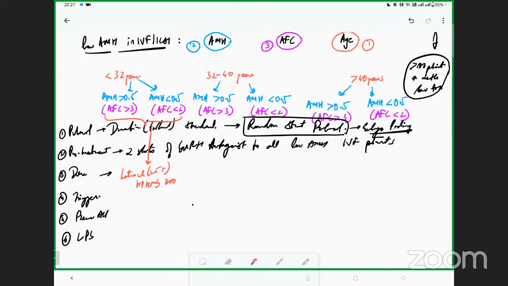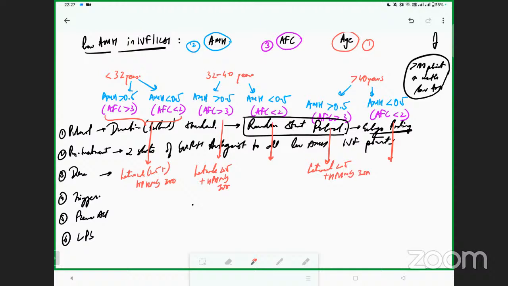In this category, 32 to 40, it is the same. It is letrozole 2.5 plus HPHMG 300. Here, antral follicle count less than 2 and antral follicle count less than 2. So again, even in this lady, it is going to be letrozole 2.5 plus HPHMG 300.